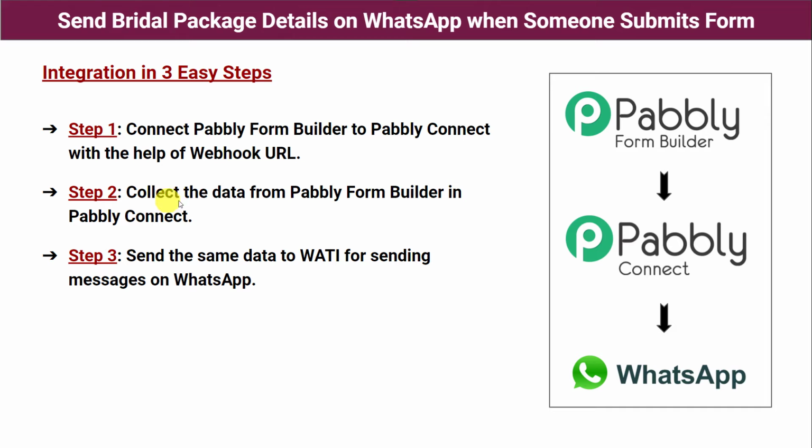At step 2, collect the data from Pabbly Form Builder in Pabbly Connect. Pabbly Connect will automatically capture the data from Pabbly Form Builder. At step 3, send the same data to Vati for sending messages on WhatsApp. You might be thinking, I want to send the messages on WhatsApp, so why am I using Vati over here? We are using Vati because we cannot send the messages directly on WhatsApp.